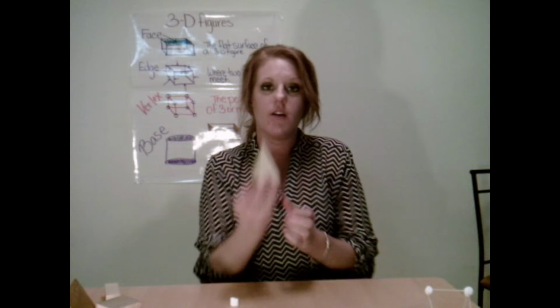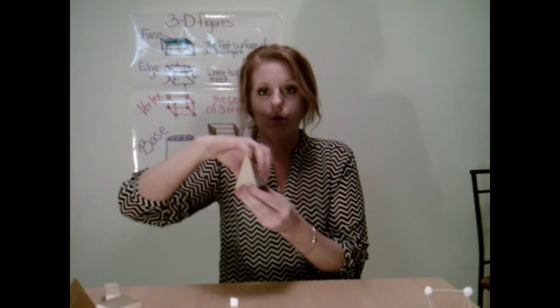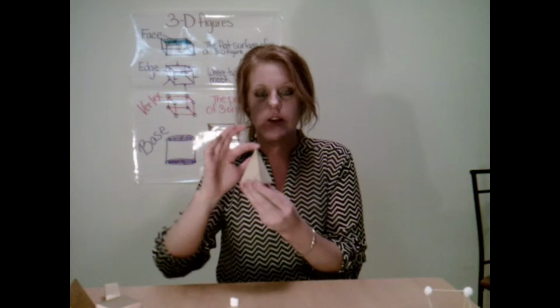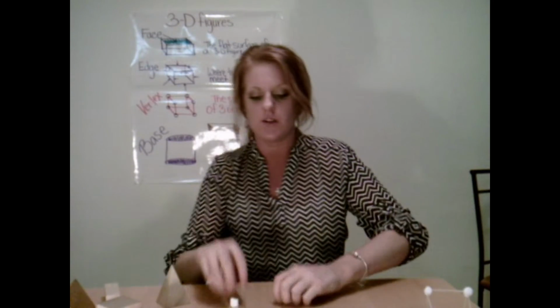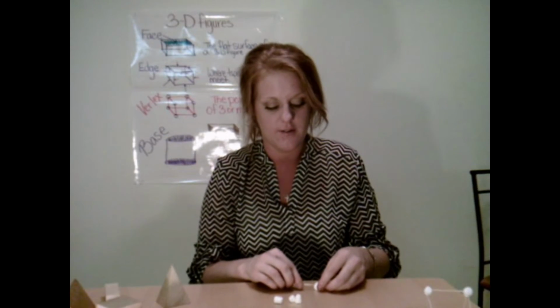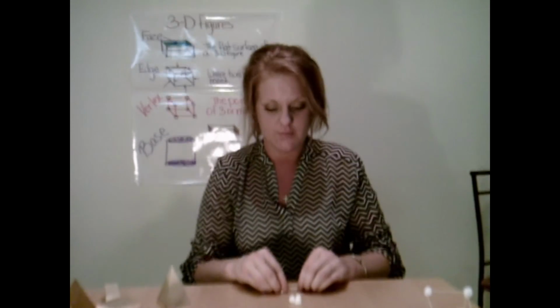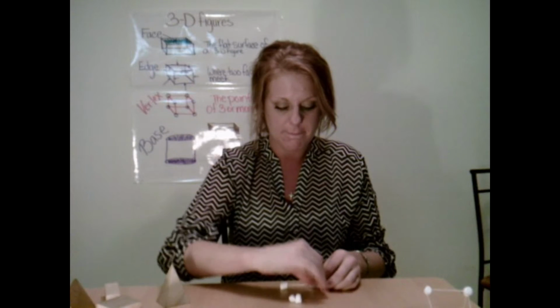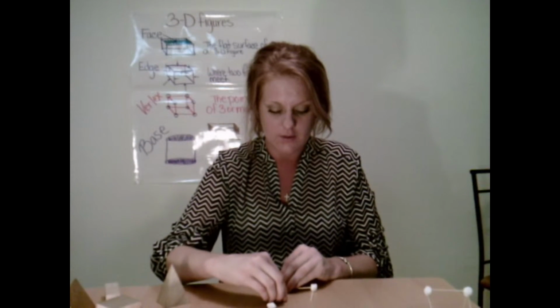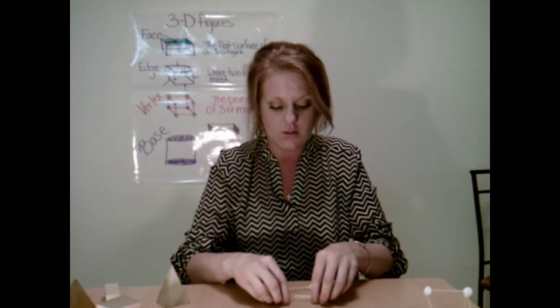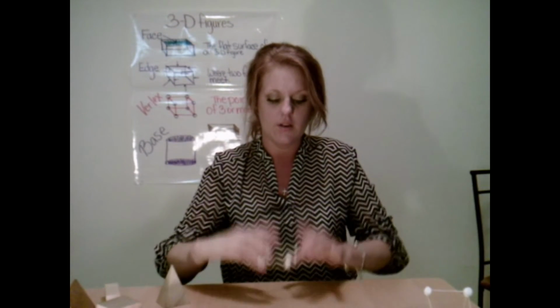Now we're going to make the square pyramid. We're first going to begin by making its base, which is a square. And then we'll connect them all at the top, at the vertices, and make a pyramid. So let's get 4 marshmallows and make a square. Alright, here's our square.